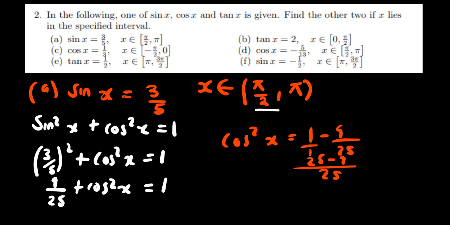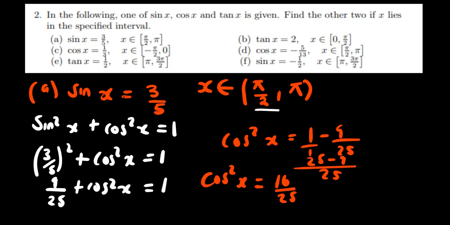What is it? So cos squared x is equal to 25 minus 9, that is 16 over 25. Yeah, we've done the right thing.